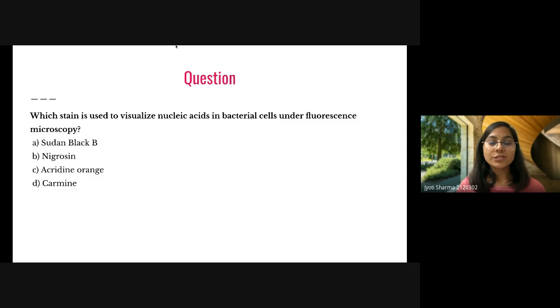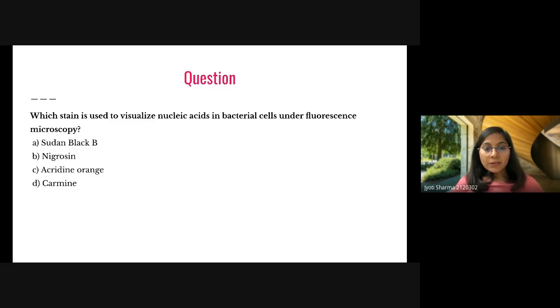Okay, next question is, if you want to visualize the nucleic acid in the bacterial cell, what kind of stain or dye will you use? You have four options: Sudan black B, nigrosin, acridine orange, and carmine. You can write in the chat box as well what kind of stain you will use to visualize the nucleic acid only.